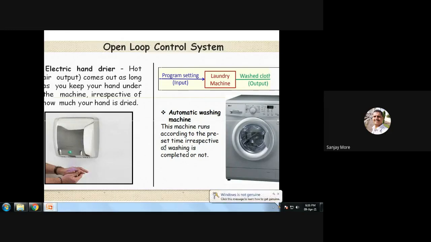This machine runs according to the preset time, irrespective of whether the washing is completed or not. These are examples of open loop control system.